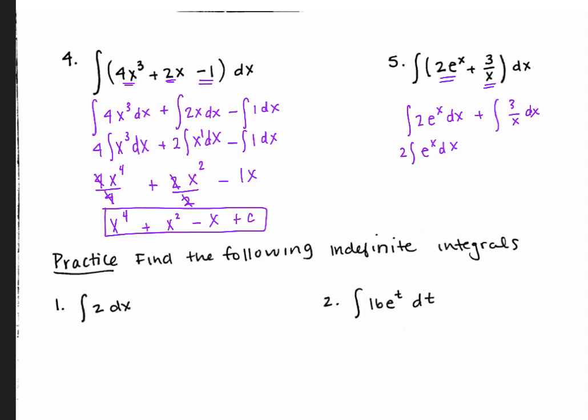And then the integral of e to the x is just e to the x. The next one, I'm going to take out a 3. So then I have 1 over x dx. And then the integral of 1 over x is natural log of x. And the last thing I need is plus c.